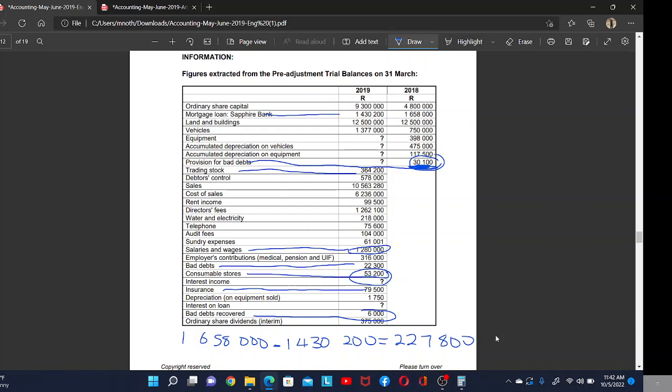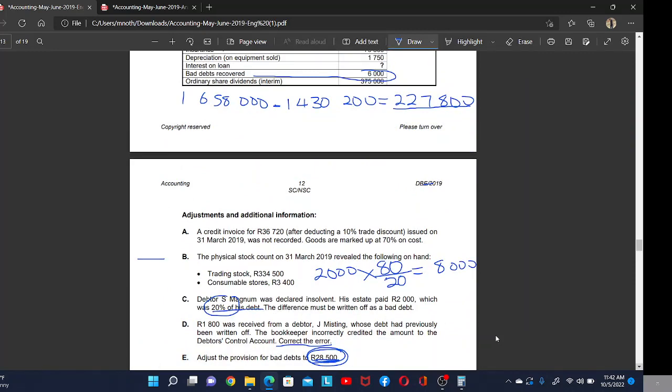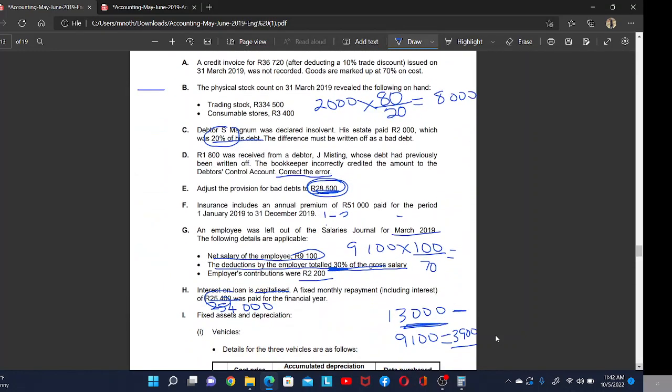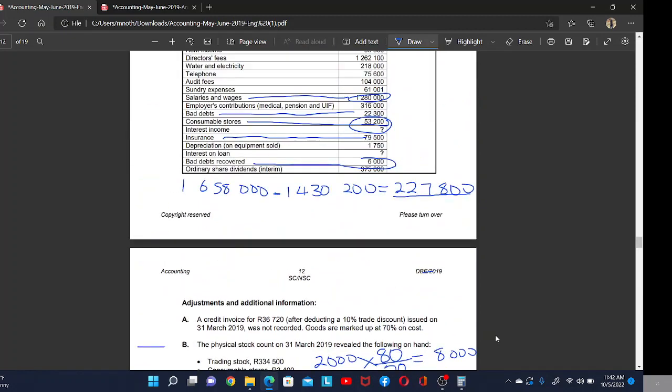So the business paid this money, but according to the transaction, the money that the business paid, including the interest, is 254,000. The business paid 254,000, including the interest.